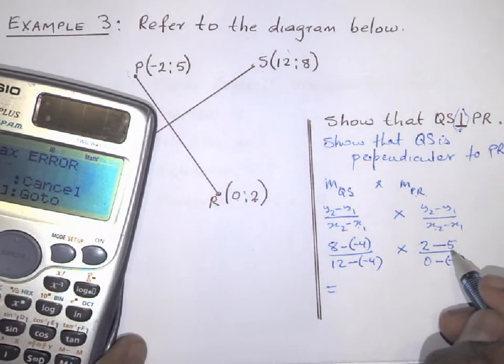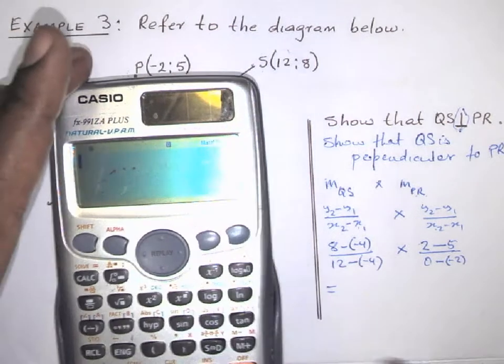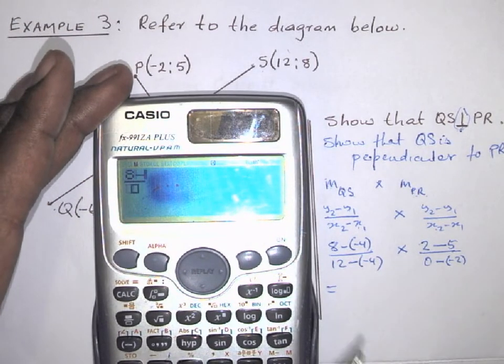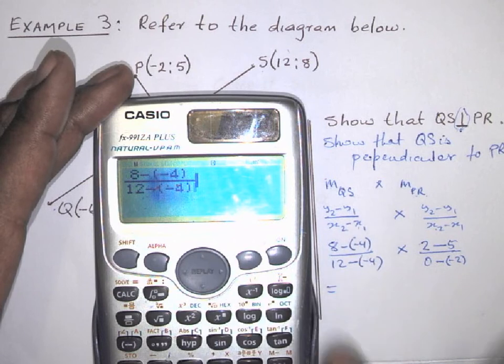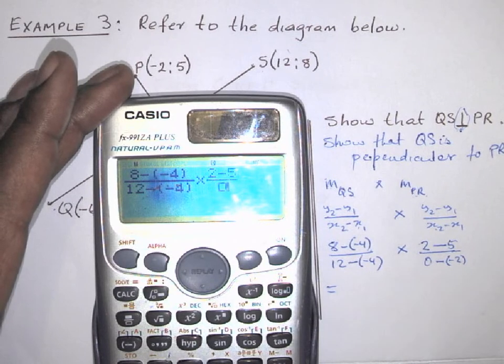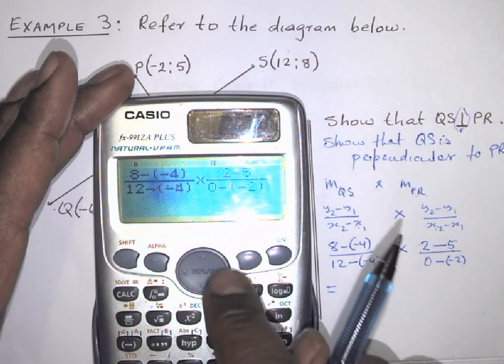I don't want to make mistakes. I can use a calculator as usual. So a fraction, and plug these things in. It's 8 minus, there is a minus 4 over there, 12 minus, that is minus 4, close, multiplied by a fraction, 2 minus 5, and at the bottom, 0 minus 2. Of course you can do this mentally.